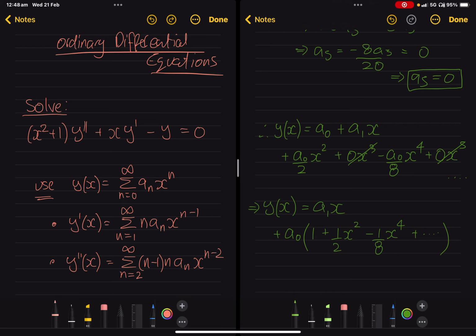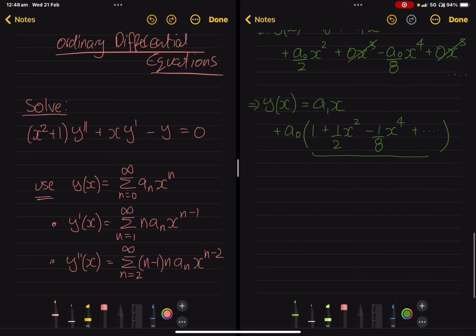Now this list of terms, we want to work out if we can identify what this is. So we need to look up our list of known Taylor expansions and compare it. Some of the known Taylor expansions include sine, cosine, e to the x, and so on. If we have even powers, this could be cosine.